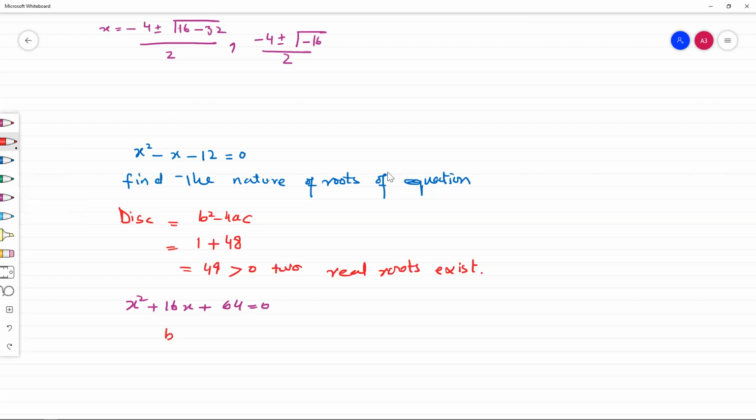So we use b square minus 4ac. We find the discriminant: b is 16, square is 256, minus 4 into a into c, which is also 256, and this becomes 0. So we can say that only one real root exists.